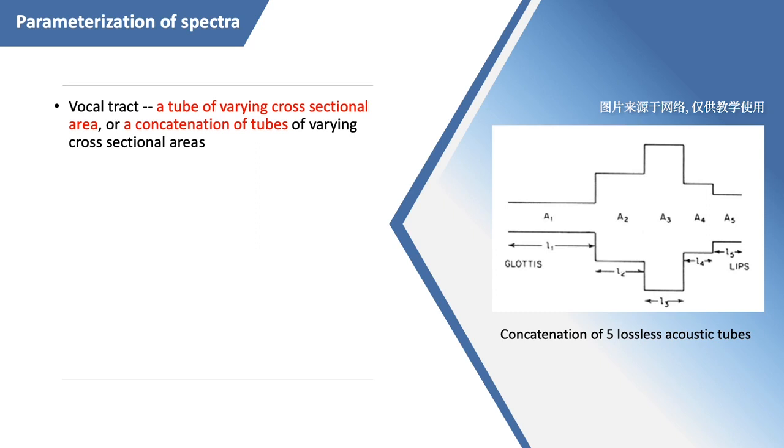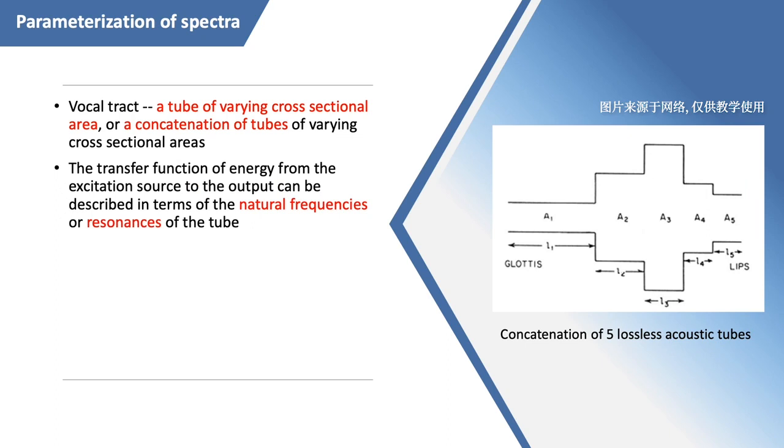Acoustic theory shows that the transfer function of energy from the excitation source to the output can be described in terms of the natural frequencies or resonances of the tube. Resonances are known as formants or formant frequencies for speech, and they represent the frequencies that pass the most acoustic energy from the source to the output.